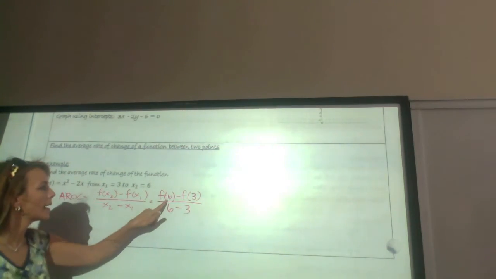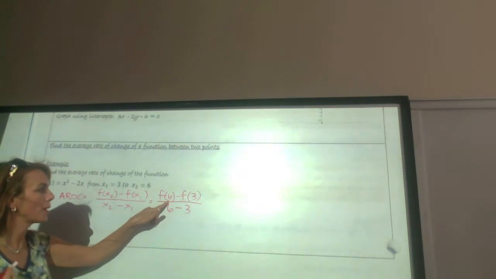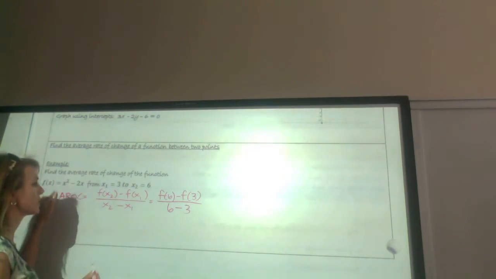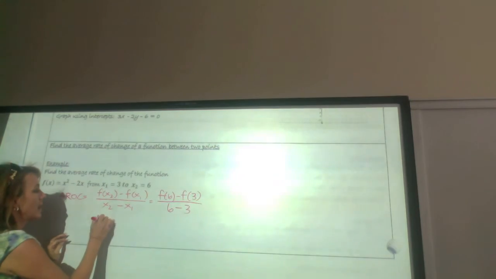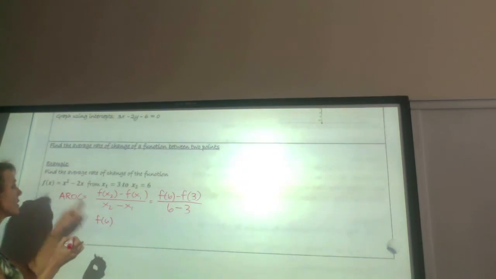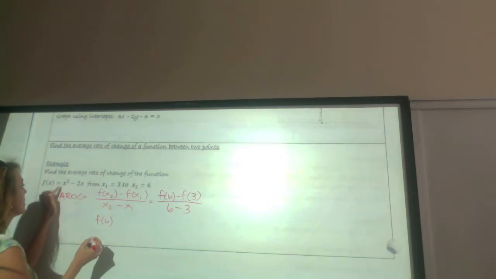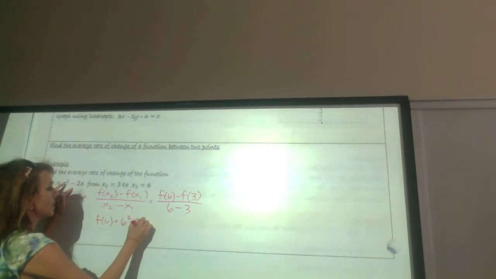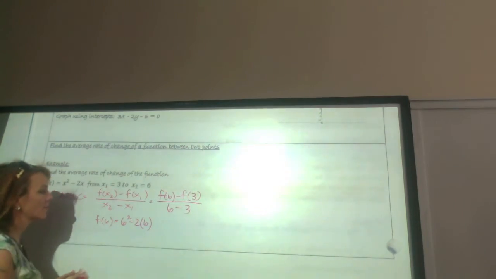Okay, so what I need is f of 6. How do I find that? Well, that's where I come back to my function. I'm going to find f of 6 by substituting 6 into my function. 6 squared minus 2 times 6 is going to give me f of 6.